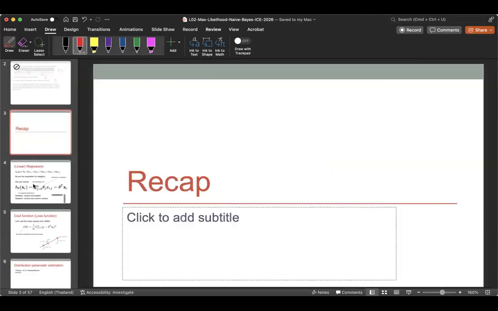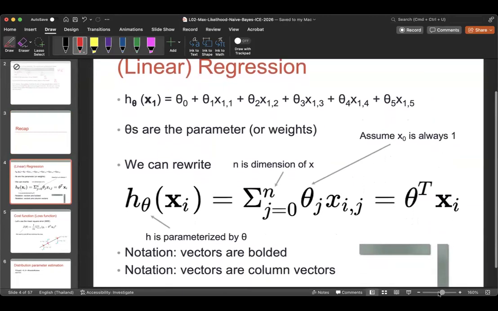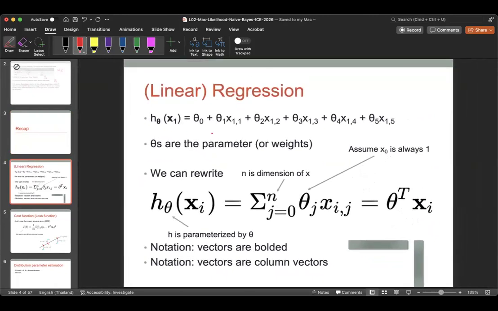A quick recap from last time. Last time we talked about linear regression, which is a model where we have the input features multiplied by some weights, which can be written as a dot product of vectors.